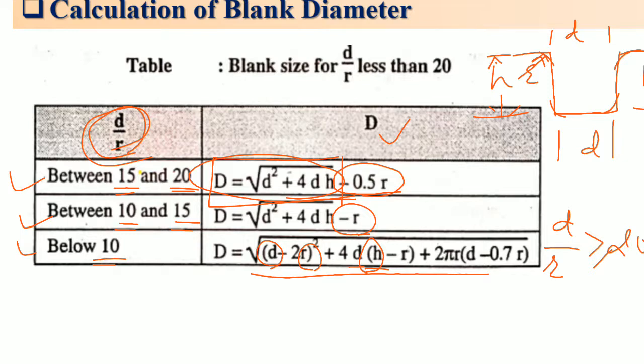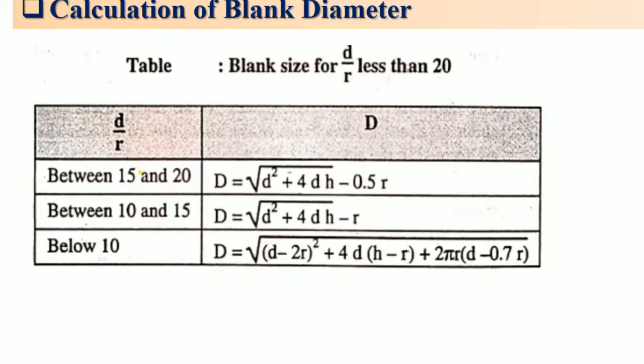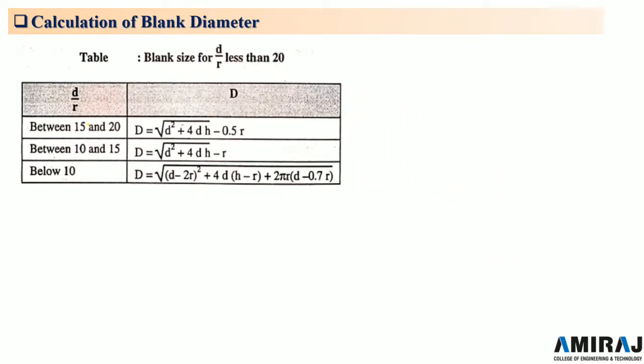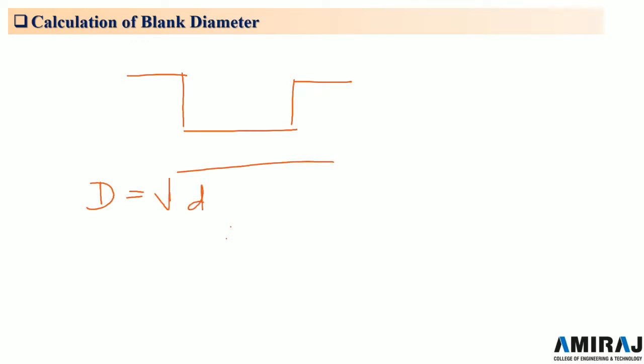Now for a flanged cylindrical cup with relatively sharp corners, we have a separate equation: capital D is equal to under root d2 square plus 4 d1 into h.